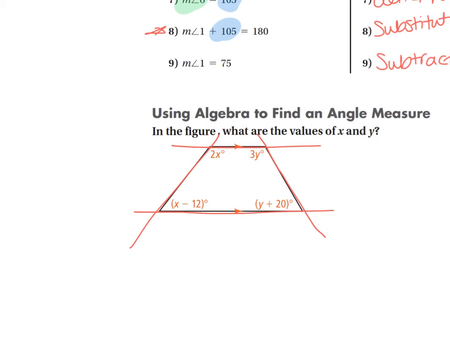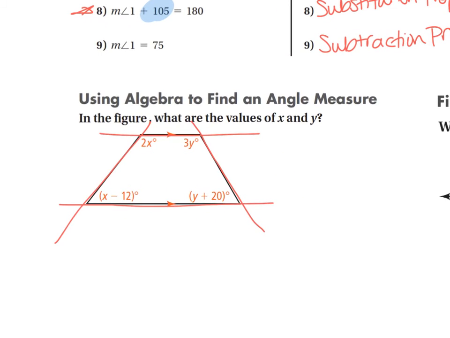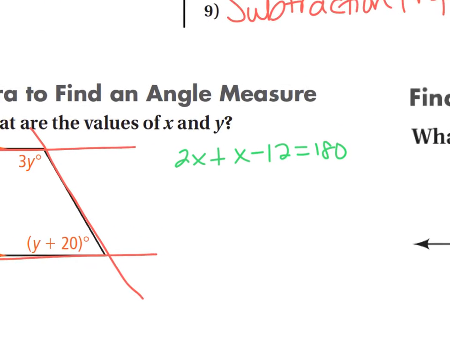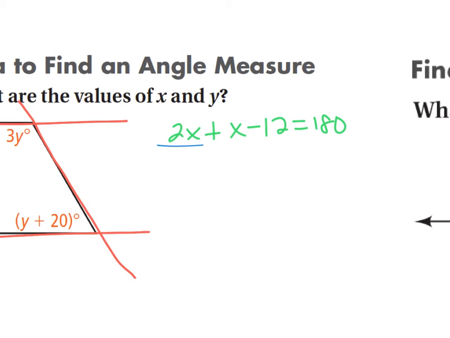So if I'm going to solve for x, I just need to set it up. So I will have 2x, that's the first angle, plus the other angle, x minus 12 equals 180. And now I am ready to solve. So let's combine like terms. That would give me 3x minus 12 equals 180.